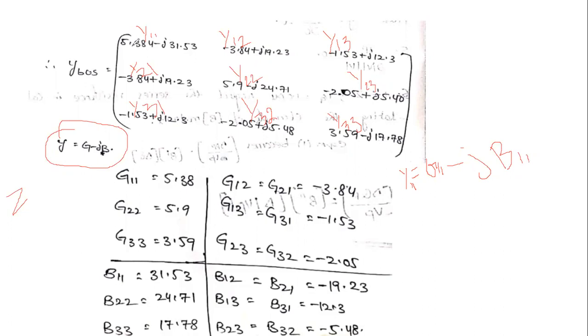What is the G11 value? 5.384 minus jB11. This is the G11 value and this is the B11 value. This is the G12 value and this is the B12 value.